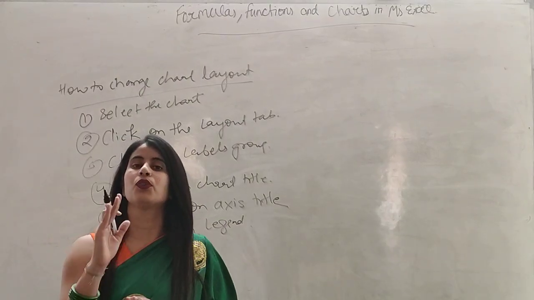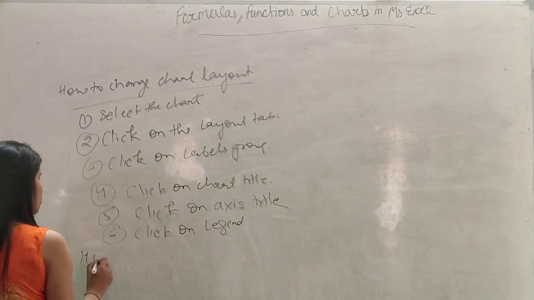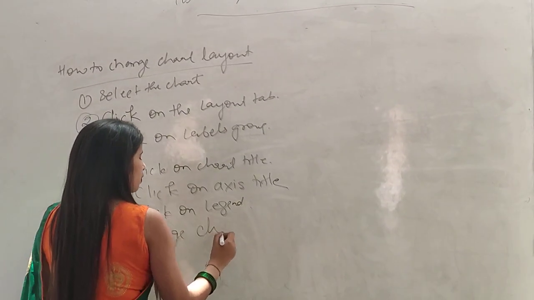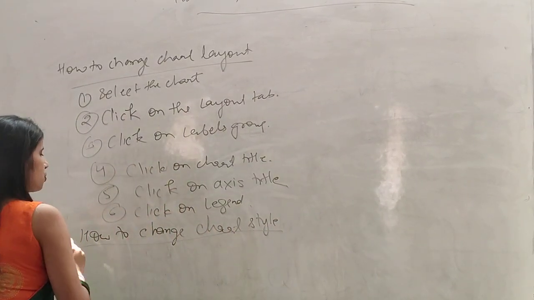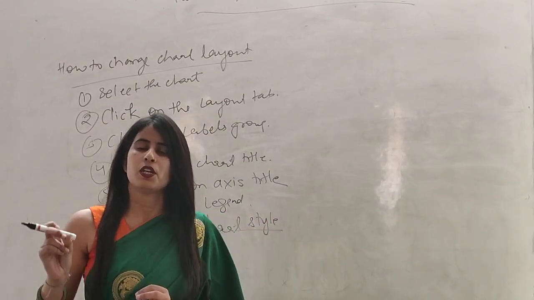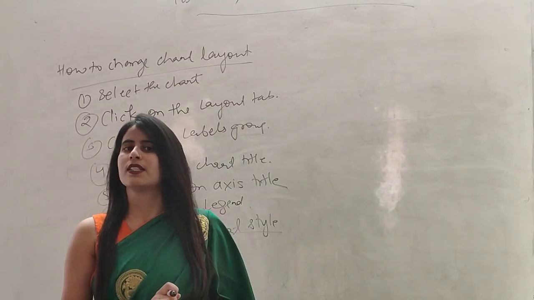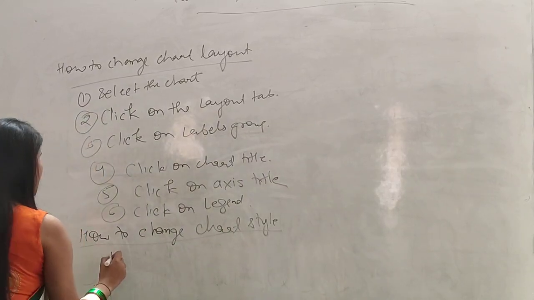Next is how to change the chart style. Okay, so for this also you will follow a few steps and you will be able to change the chart style. The first step that you have to take is you should click on the design tab.